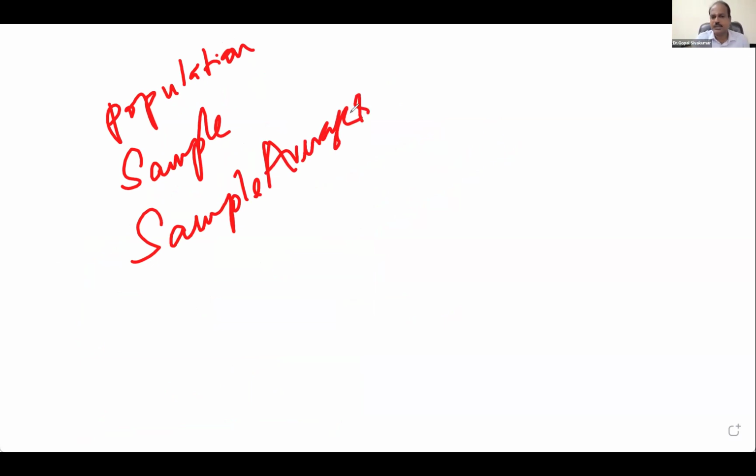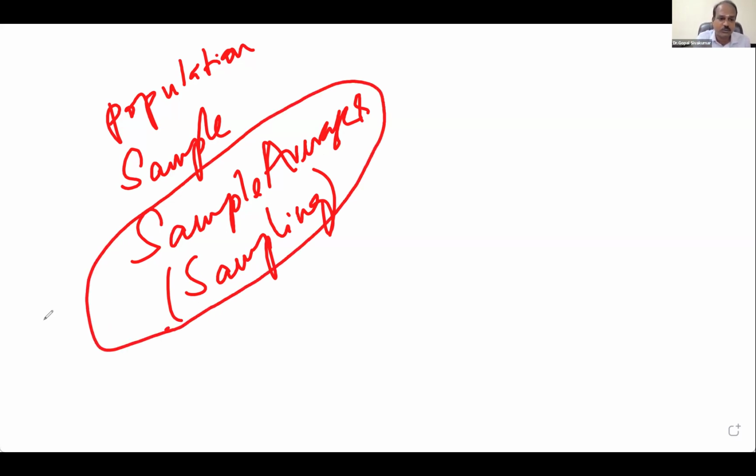In literature, it is also referred to as sampling distribution. What are the three distributions? Population, sample, and the third one is sampling distribution or distribution of sample averages. I will show you how this third distribution will look.